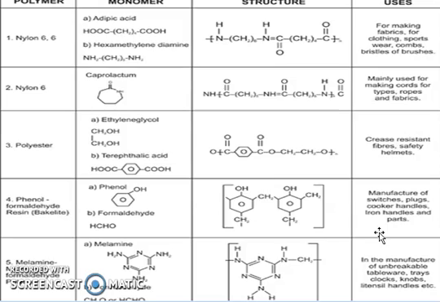That's why it is used in switches, plugs, cooker handles, etc. Next is melamine formaldehyde polymers. Monomer units are melamine and formaldehyde. It is used in the manufacture of unbreakable tableware, trays, clocks, knobs, utensils, handles, etc.